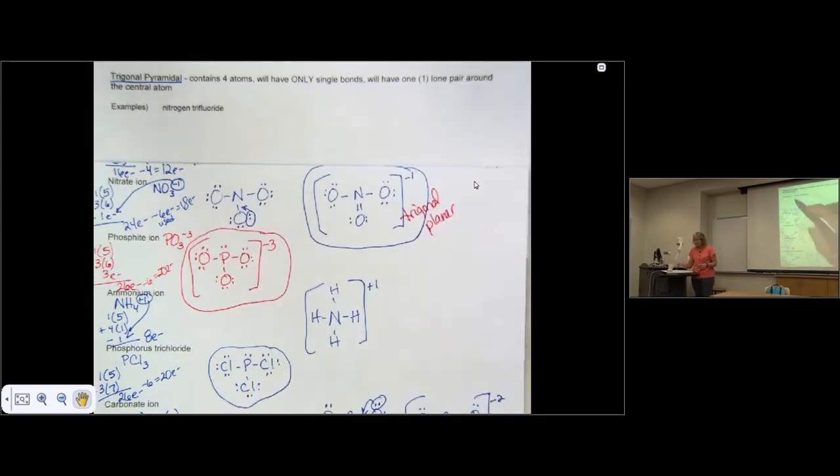Now, we did not draw nitrogen trifluoride. So quickly draw nitrogen trifluoride in that space. And then you're going to go to your notes and find a trigonal pyramidal.